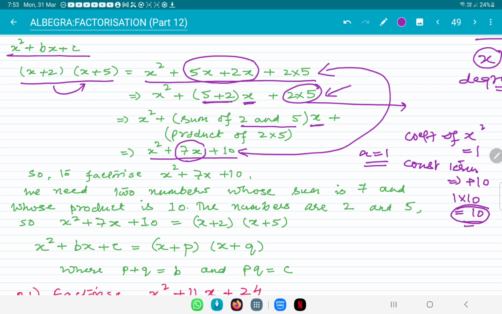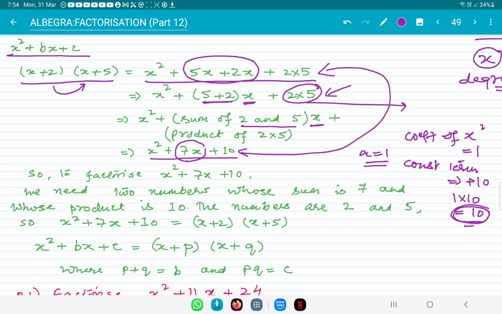And what is 10? 10 is the product of the coefficient of x square and the constant term. Here the coefficient of x square is plus 1 and the constant term is plus 10. So the multiplication of these two is 1 into plus 10, which is 10.